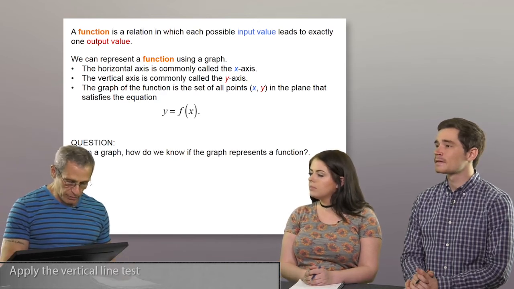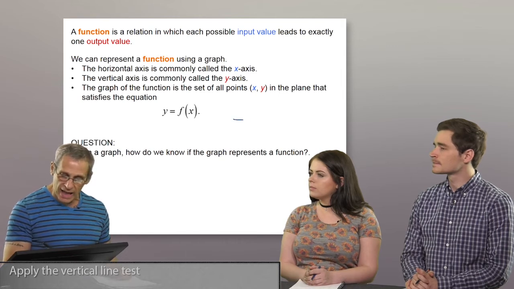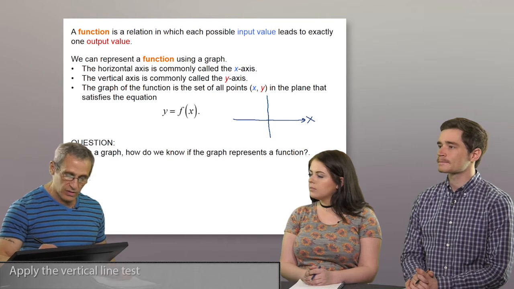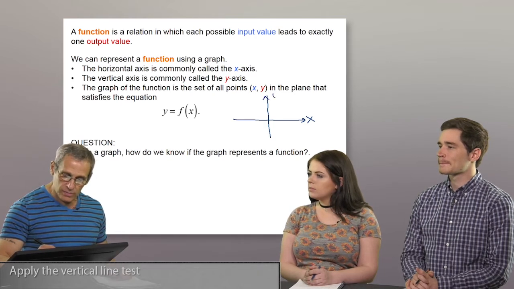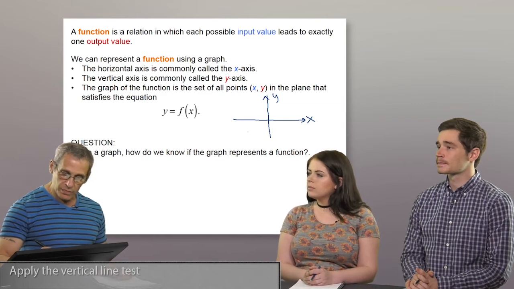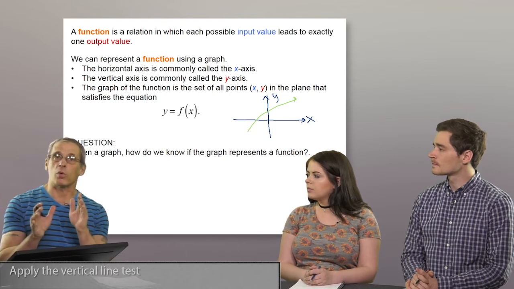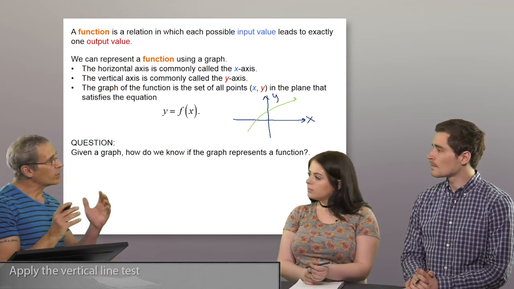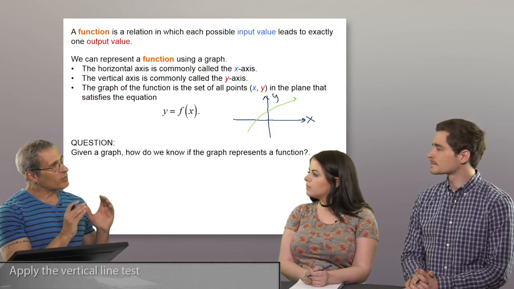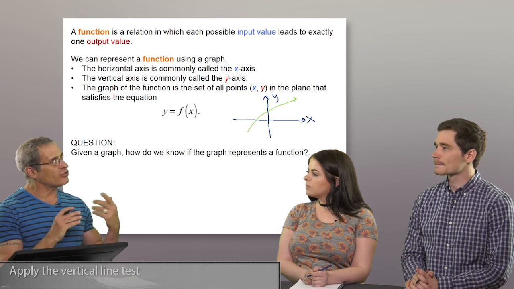We sketch a horizontal axis, which we call the x-axis, and a vertical axis, which we call the y-axis. The points on the function are written (x, y), so the first coordinate is the input and the second coordinate is the output. The question is, if we have a graph of a relation, how do we know if that relation is a function?